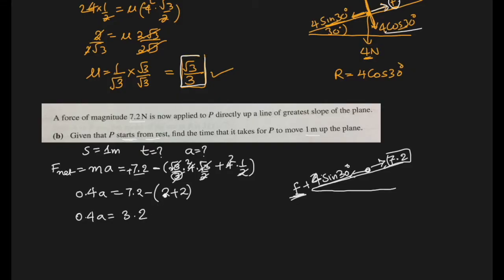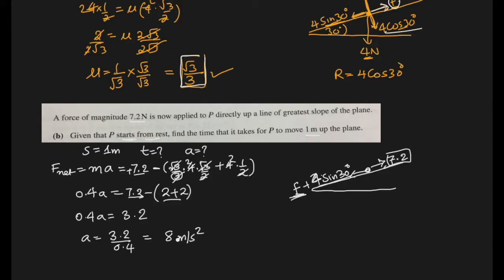If you are not aware how this happened, please just put in a calculator, you will get the same answer. 7.2 minus 4 will be 3.2. So A is 3.2 divided by 0.4, which is 8. Yeah, 8 meters per second square.